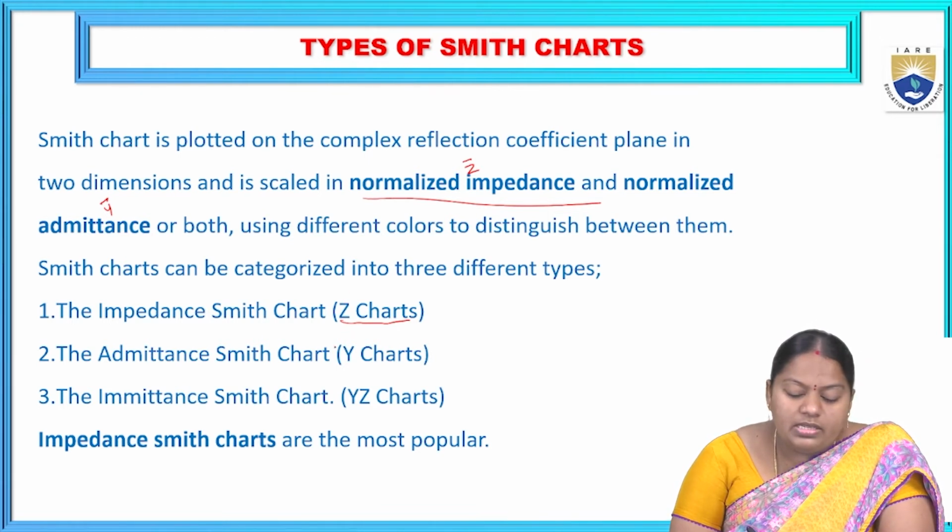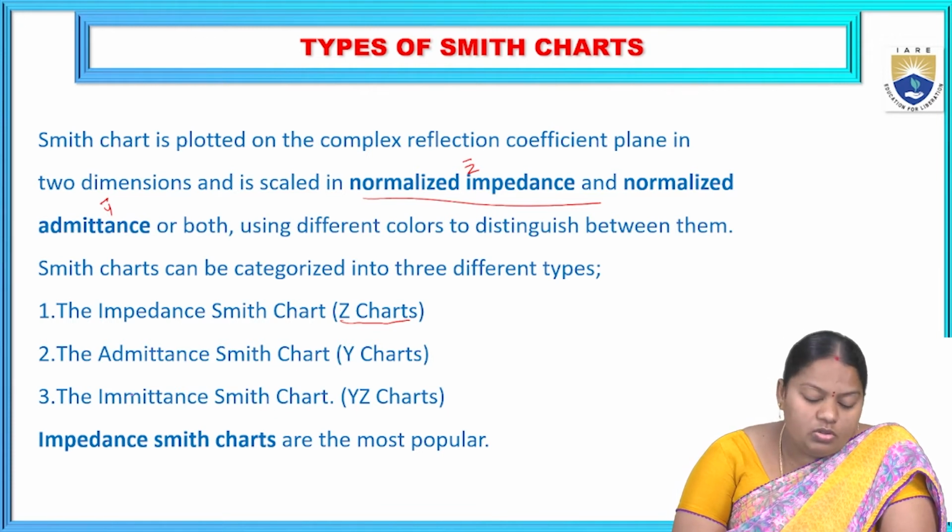So the impedance Smith charts are also called Z charts, and the admittance Smith chart is also called Y charts. Along with that, the third Smith chart consists of both impedance and admittance.